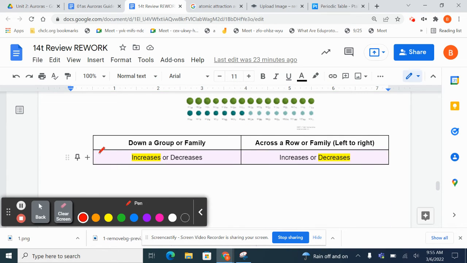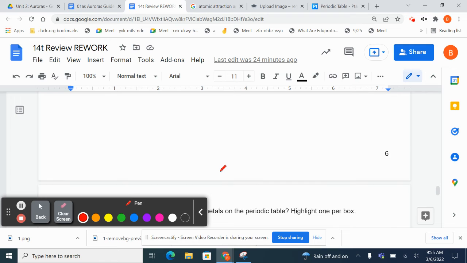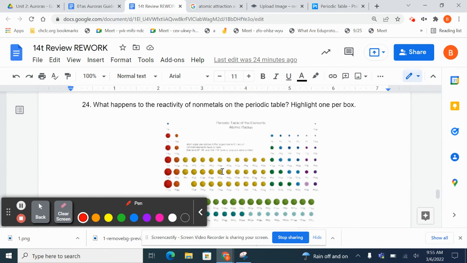So down a group or family for metals, the reactivity increases, and going across left to right, the reactivity decreases because the atoms are getting smaller, the electrons are more tightly held, therefore our reaction slows down a little bit. All right, let's talk about reactivity of nonmetals on the periodic table.